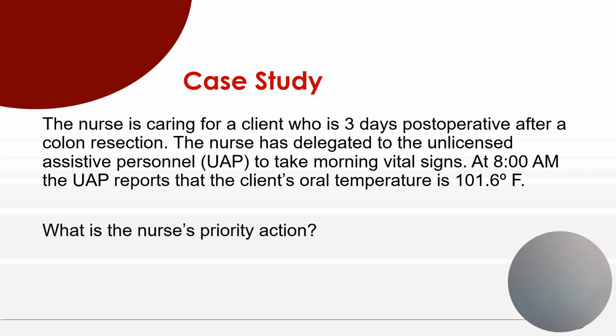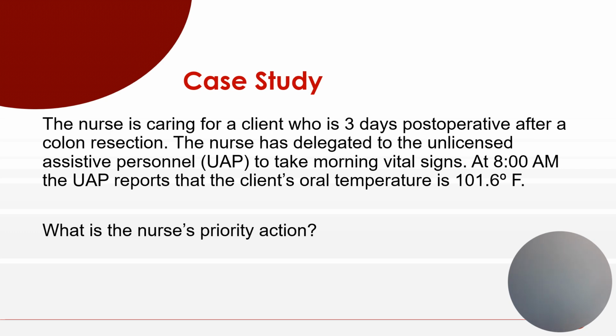Different ways we can reduce the temperature, just FYI, if that is necessary, is to remove layers. Many times I've taken care of a client who's had an elevated temperature, and you get to looking and they've got 10 blankets on. Well, no wonder you're so warm. Let's take some of these off and see if that helps with your temperature.